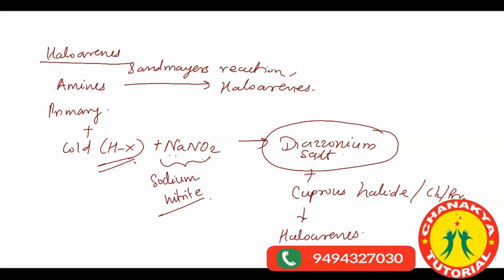And when this diazonium salt is treated with cuprous halide, cuprous chloride or cuprous bromide, you will get haloarenes. Clear? Yes? Aditi, Chandana? Yes, ma'am.